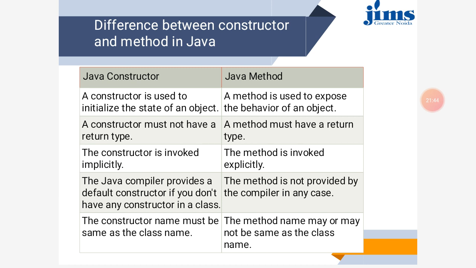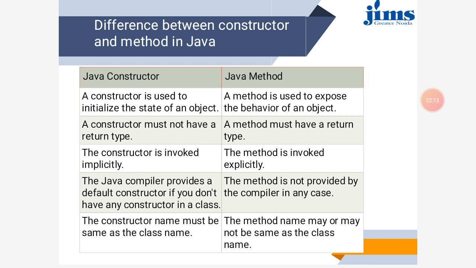Means every object must have initial values. If you are not mentioning any constructor in your program, then the compiler will provide a default constructor to that object. But a method is a must for using or completing any task. So method you need to mention.